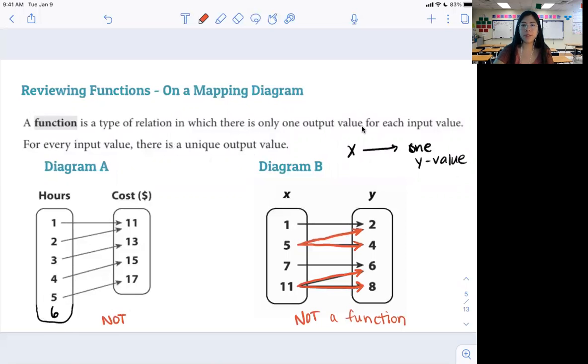One output value for each input value. So it has to have one. If it doesn't have any, it's not a function anymore. So that's the kind of tricky thing, okay? If you ever see a number that's not going anywhere, it's out. Even if everything else is fine, it would no longer be a function. But if I go back to how we had it, then we're good. Any questions on this?